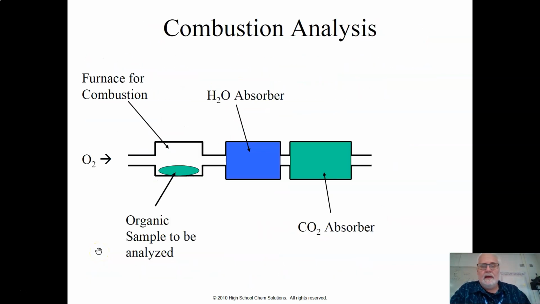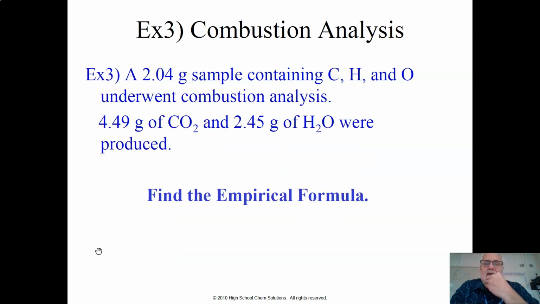Ignore all that stuff. So there's our combustion analysis. So go ahead and write this problem down as we've done with our other problems. And we know that the initial mass is a 2.04 gram sample.